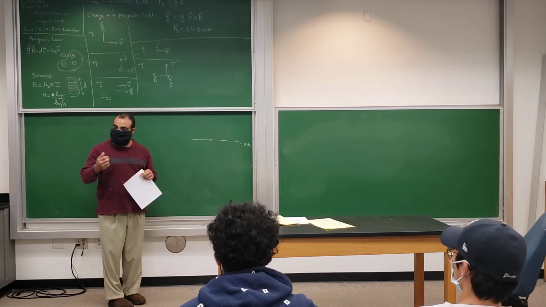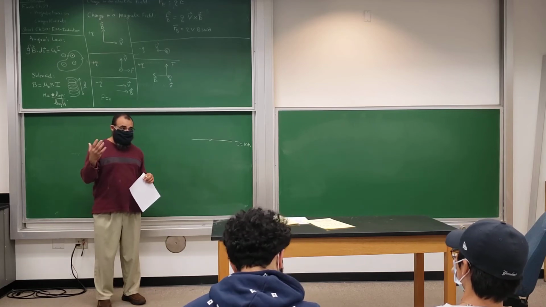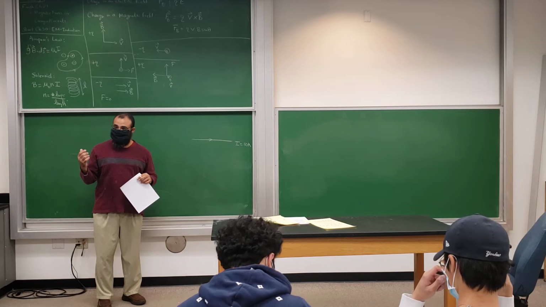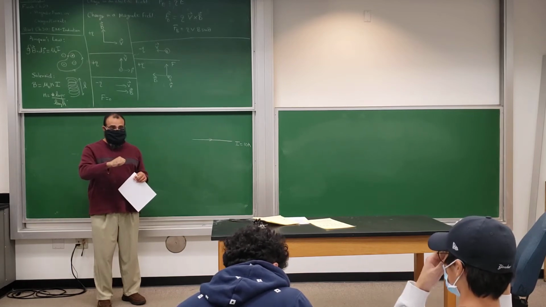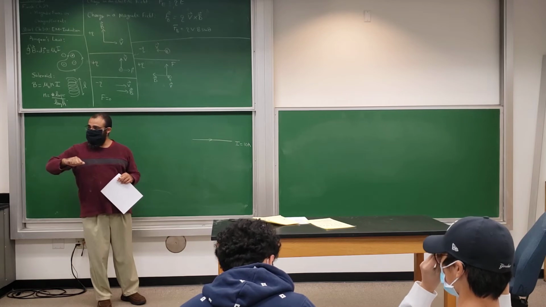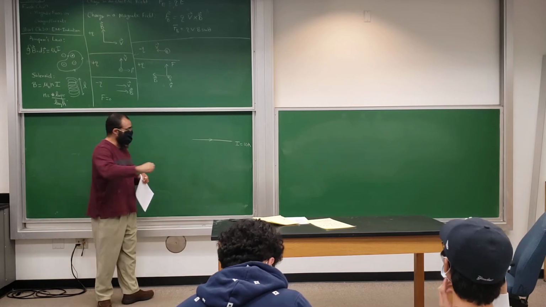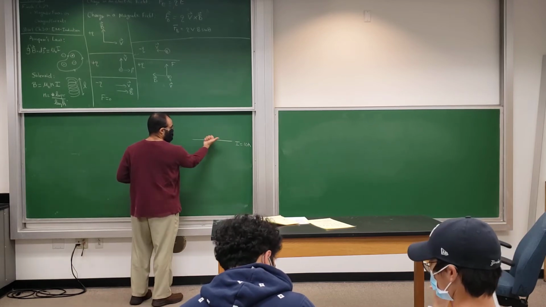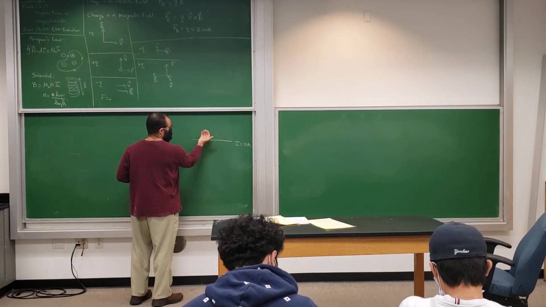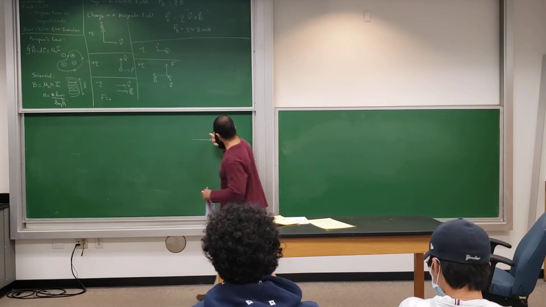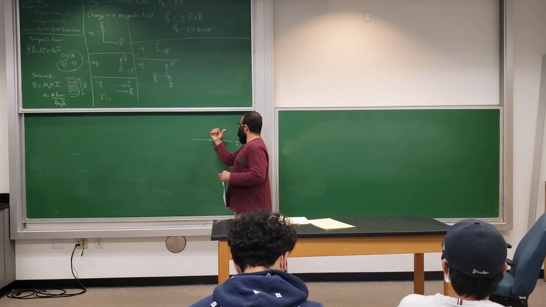Good. So there is another right hand rule. You use your right hand to calculate cross products. You also use it to figure out the direction of the magnetic field given a current. The way to figure out the direction of the magnetic field from the current: orient your thumb with the current, and your fingers will be the direction of the magnetic field. So your fingers tell you that the magnetic field is curling like this.